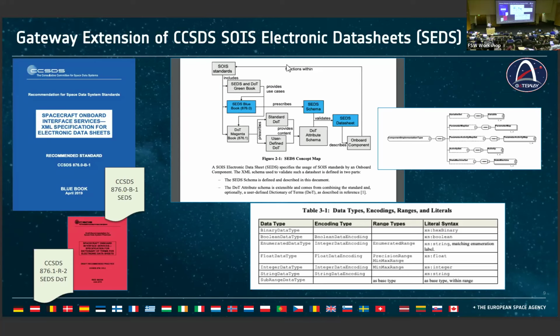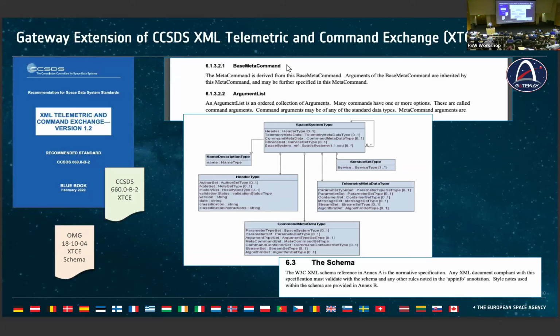Another standard which is used is the so-called dictionary of terms. It's the electronic data sheets dictionary of terms, which allows extending the specification by semantic attributes. So this we use heavily on the gateway. XTCE stands for XML Telemetric and Command Exchange, and is used to describe the structure of telecommand and telemetry packets.